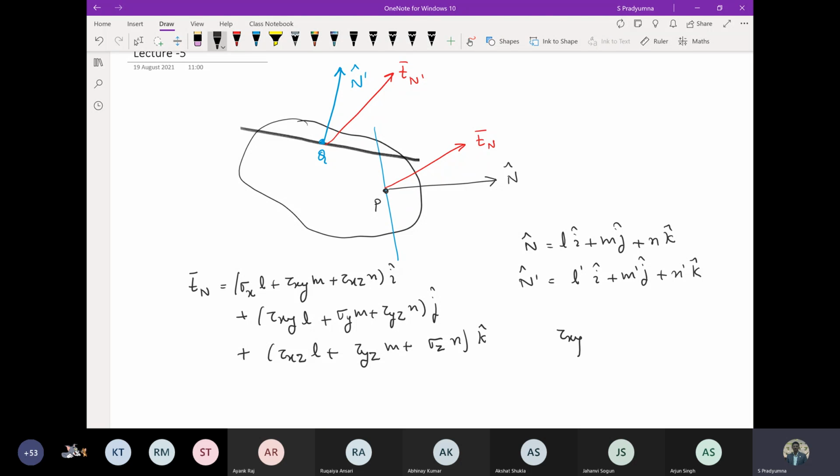Here we have assumed that tau xy is equal to tau yx, tau xz is equal to tau zx, and tau yz is equal to tau zy.